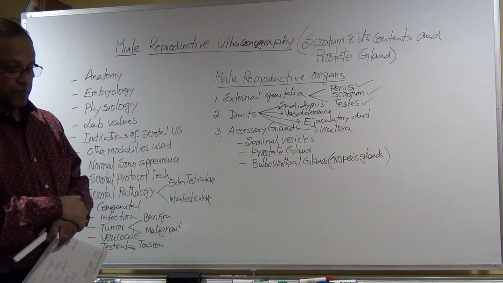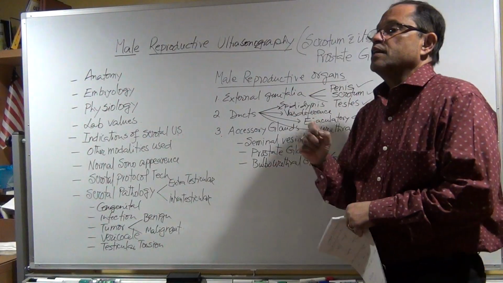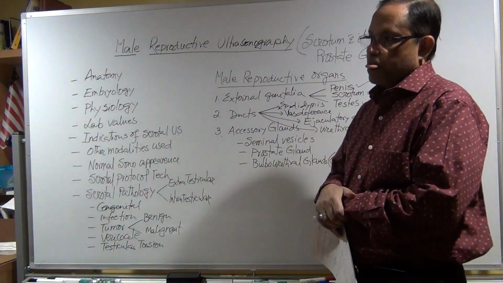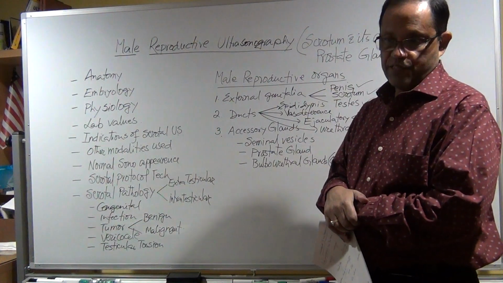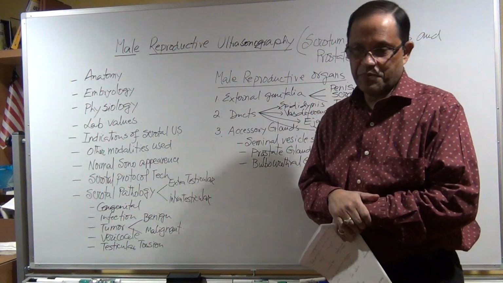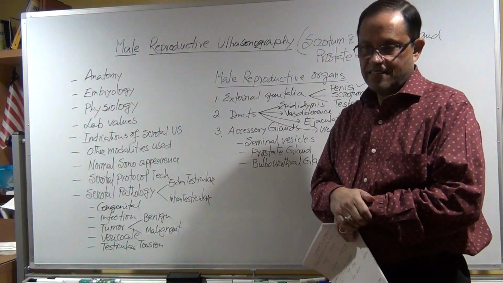Example, one of the common infrastructures is the mesonephric tubules that form the collecting system of the kidney: minor calyx, major calyx, pelvis.